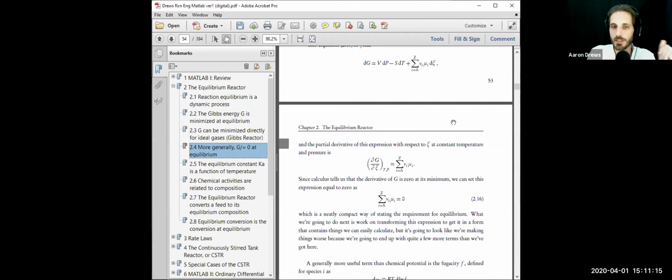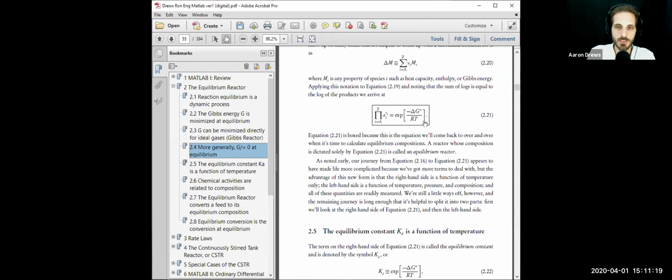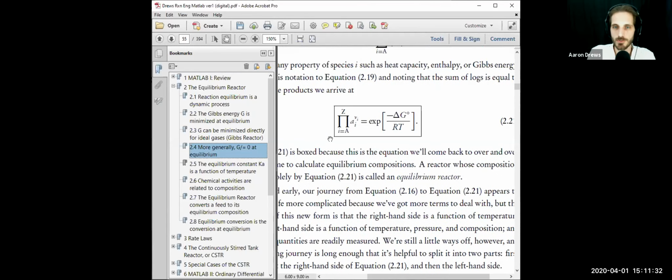And so what you get to eventually, as you go through all of these, is an equation that should look somewhat familiar, and this is where we're going to spend all of our time. You have a product of a bunch of activities equal to a change in Gibbs energy. At the point where this equality is satisfied, equation 2.21, the stuff inside your control volume is now at equilibrium.